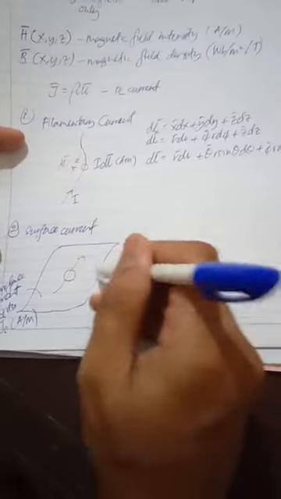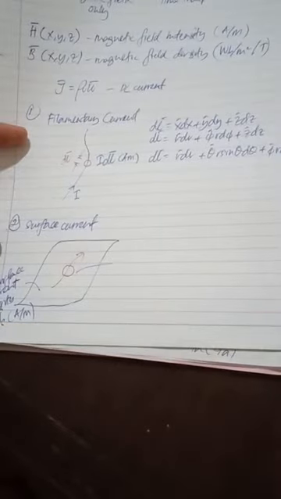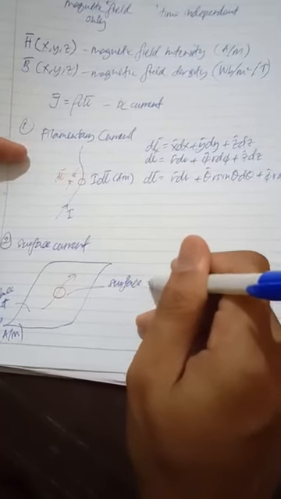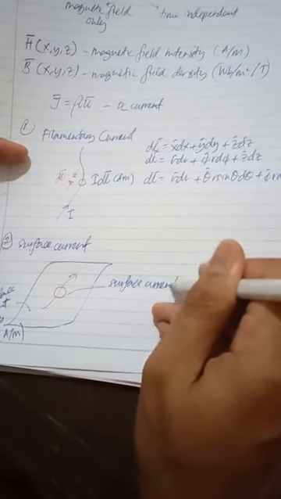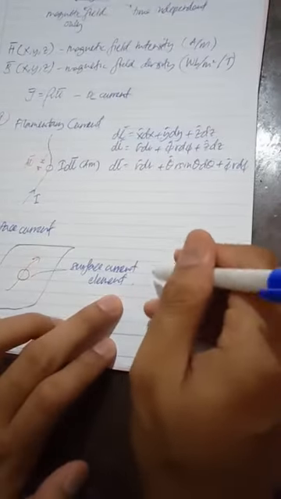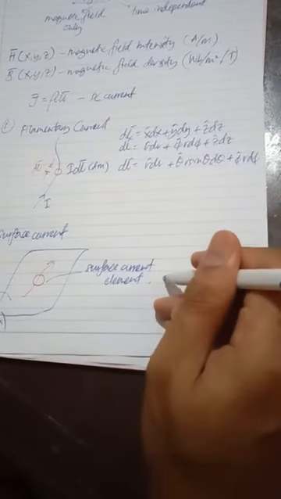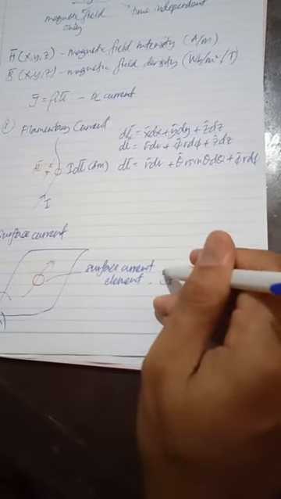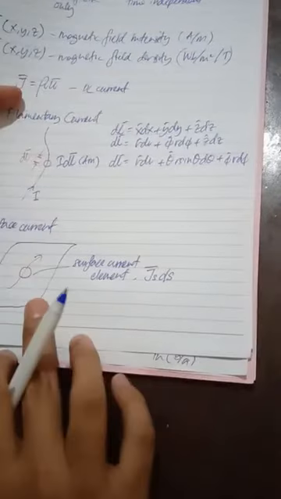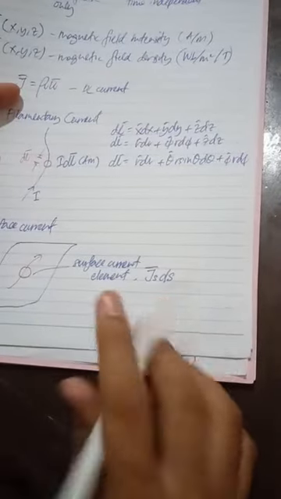So we can have here this one becoming your surface current element. Okay, and this one we can put into this equation, become the Js ds. Alright, so that's your surface current element.